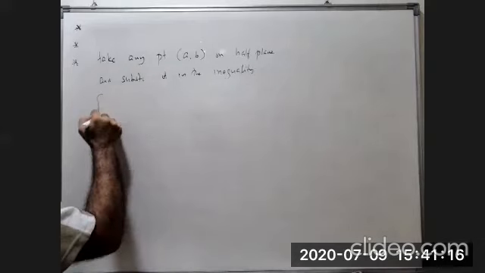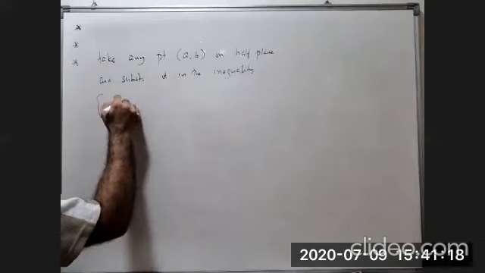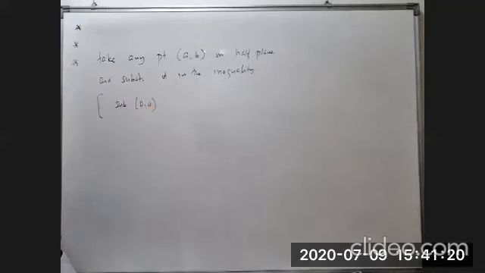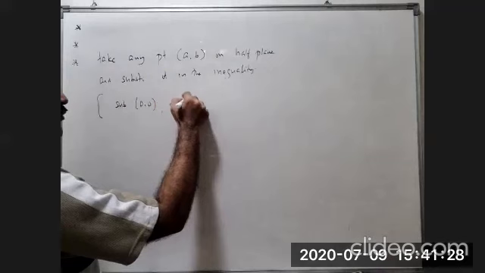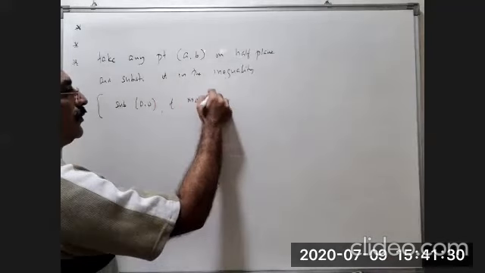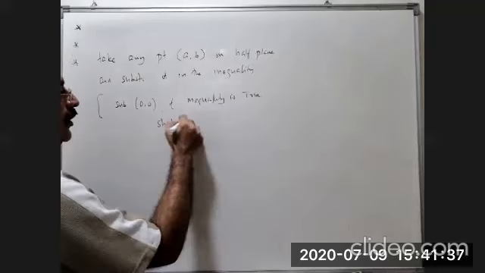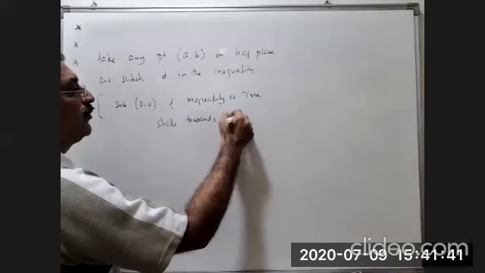See, the best way is to substitute (0, 0). If the inequality is true, shade towards the origin.